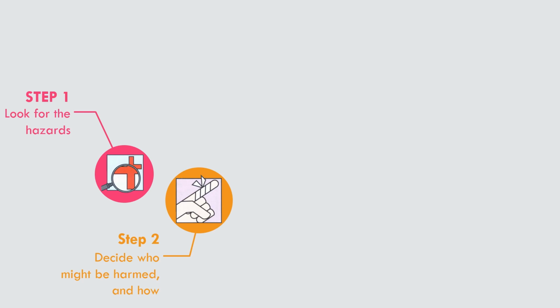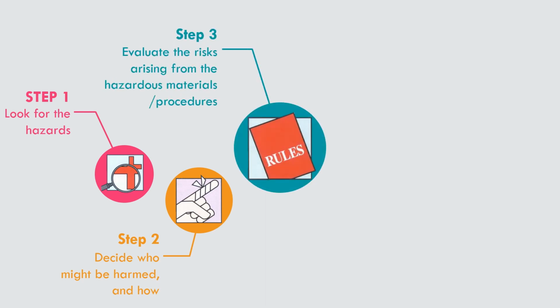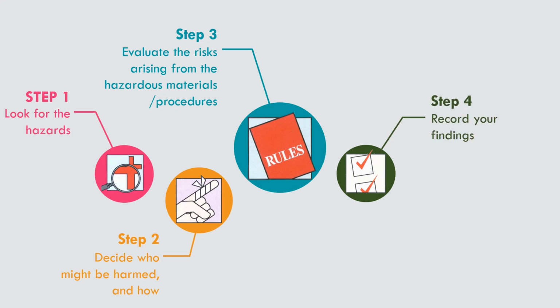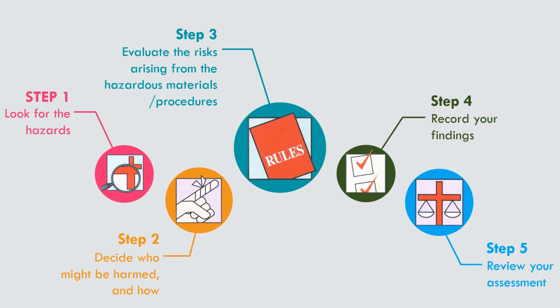Decide who might be harmed and how. Step 3. Evaluate the risk arising from the hazardous materials or procedures. Step 4. Record your findings. And the final step is review your assessment.